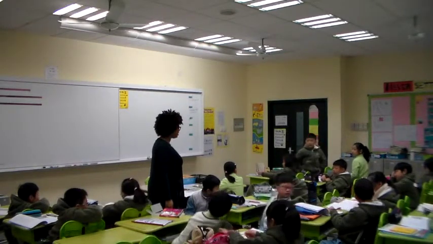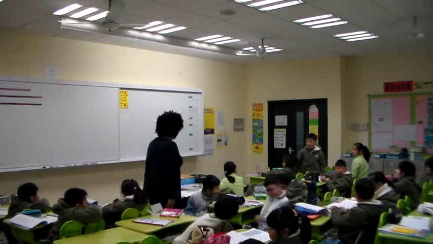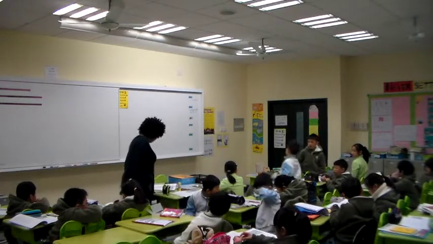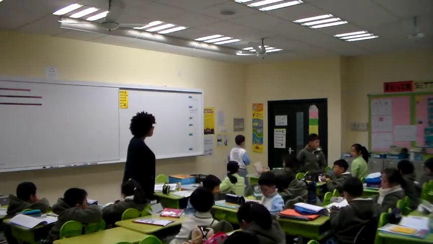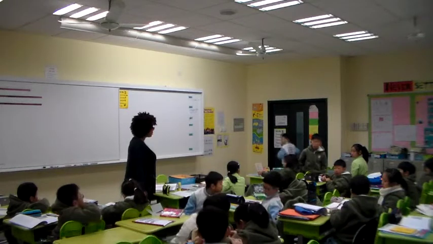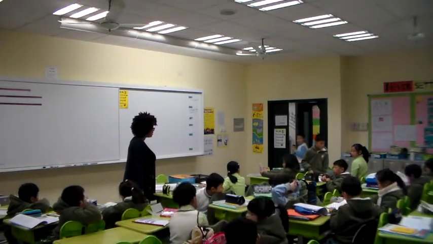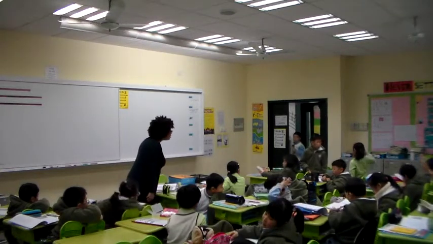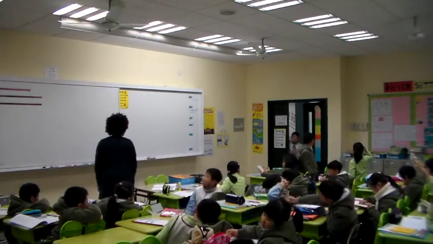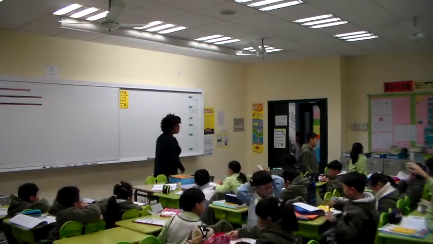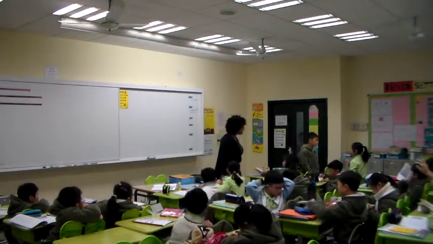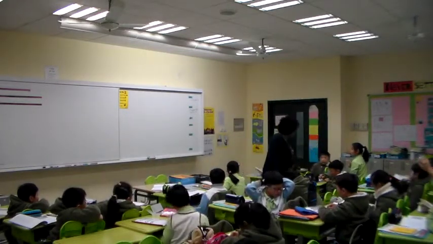Grandma's mother. Because she looks very young. But it says out of the 4 grandparents. The question says out of the 4 grandparents. Right? Grandma's mother. Who? Go on. Charlie's mother. Charlie's mother's mother.